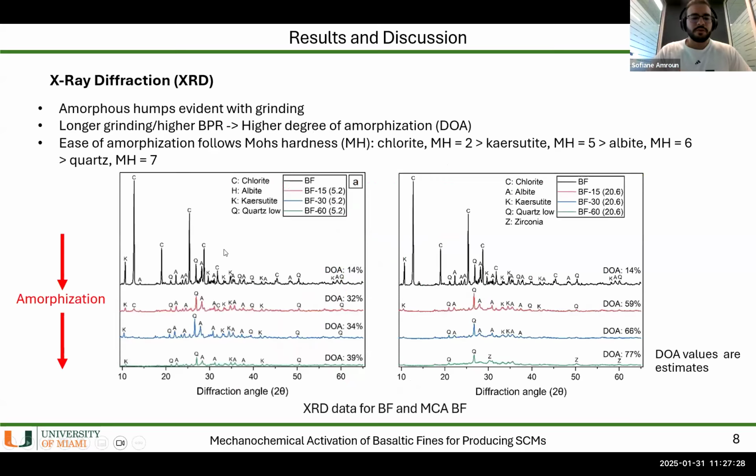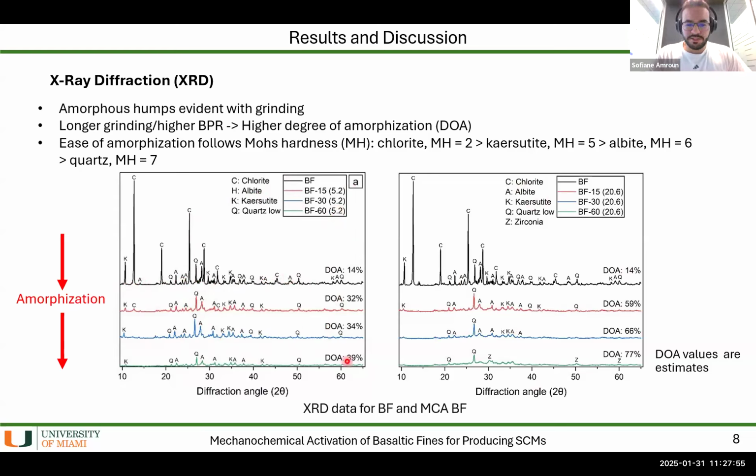For the XRD, the black curve that we see here is the raw material. In XRD, the sharper the peaks, the more crystalline our material is in general, so the structure of our atoms is well organized. This figure is for a BPR of 5.2, and this is 20.6.